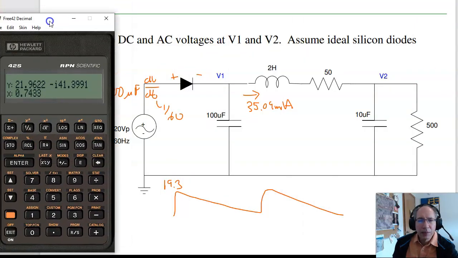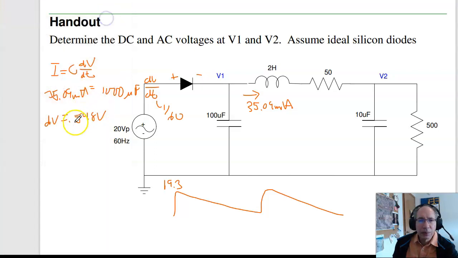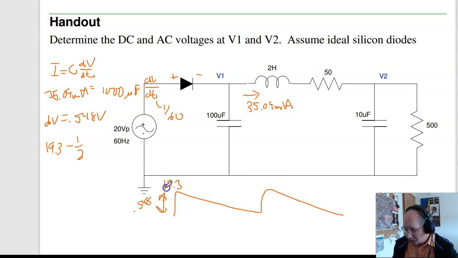The DC voltage then will be the peak 19.3 minus half of the ripple. So this distance right here is 0.548. Gives you 19.01 volts.